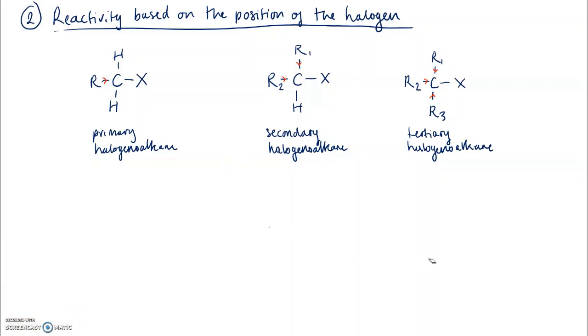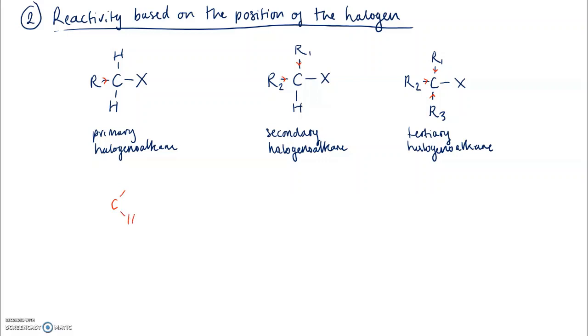And you may begin to see how this may be relevant if you think a little bit about not SN2 but the SN1 mechanism, because you know via SN1 you form a carbocation when the halogen breaks off.